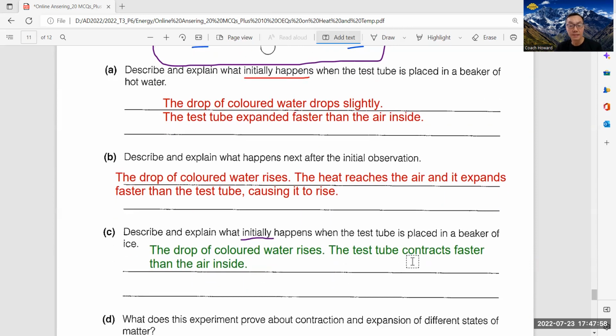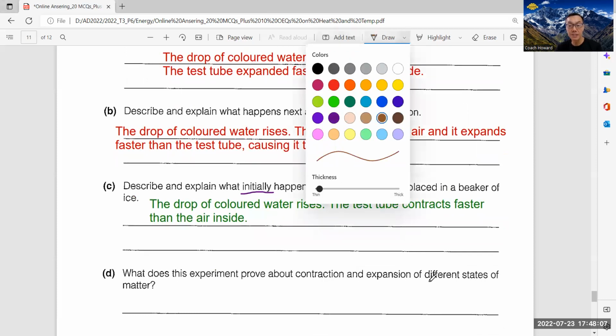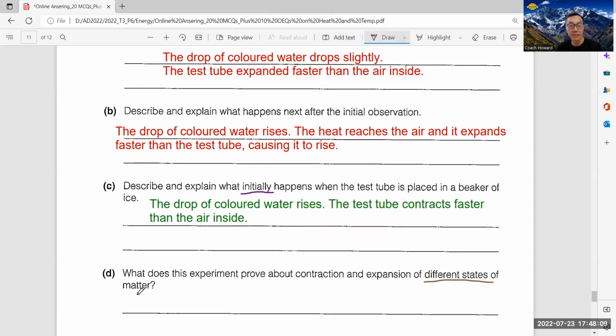Okay, next. What does this experiment prove about contraction and expansion of different states of matter? Okay, this question is a bit tricky. Put a star here, asterisk. Okay, what do they mean? Because you see the test tube is solid, right? The air inside is gas.